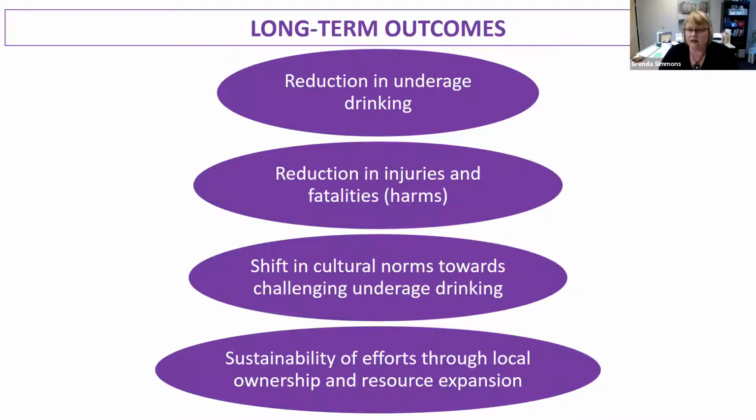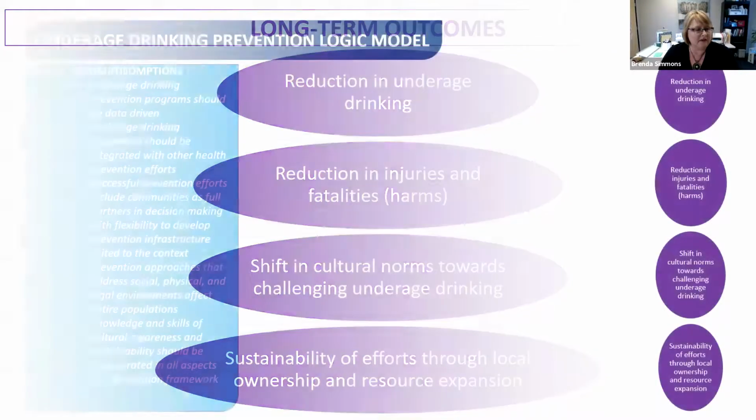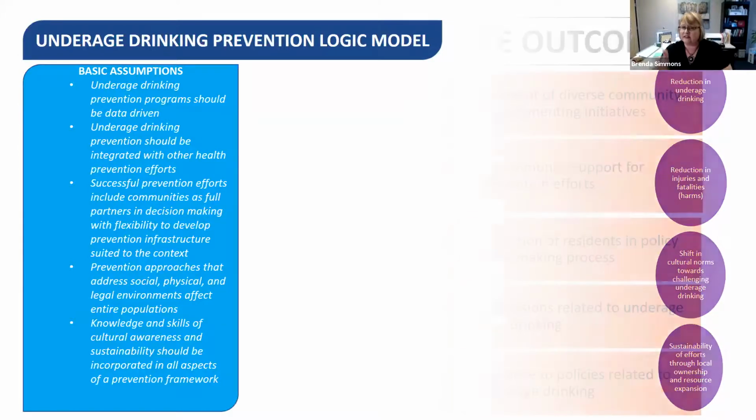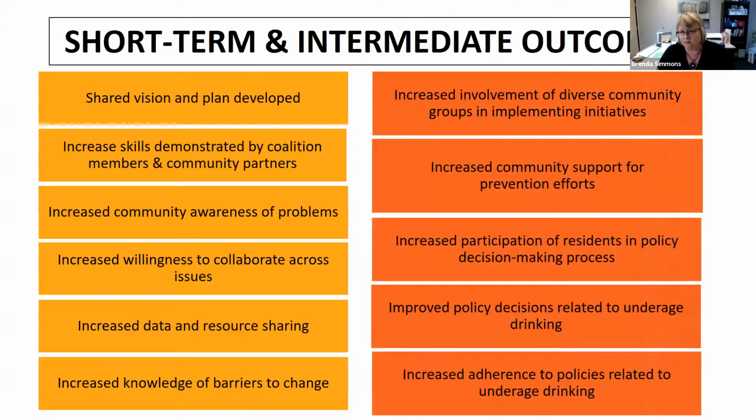If we can move on, Meredith. And so we're adding that to the end of our logic model, and we're going to work our way backwards. So next, we're going to look at the short and intermediate outcomes that we need to achieve to get to these long-term outcomes. So I'm going to work on the right column first.